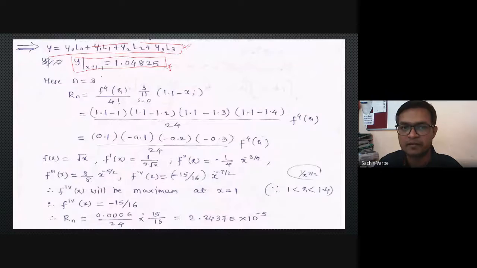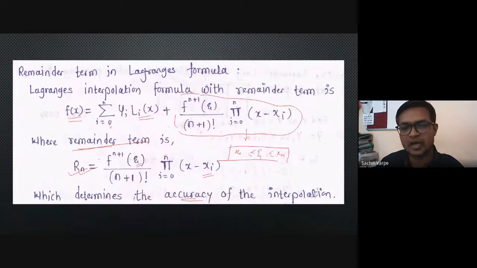So to determine the accuracy of the interpolation, for n is equal to 3, the remainder term Rn is equal to the fourth derivative, because you can see here the remainder term was Rn equal to the (n plus 1)th derivative. So here n is 3.